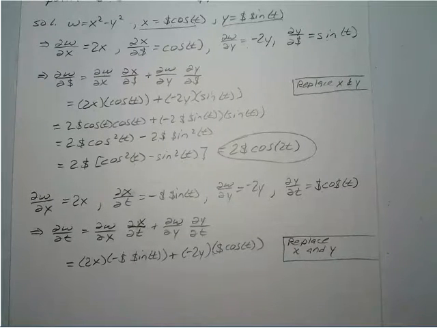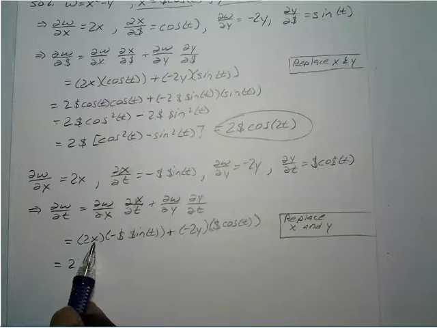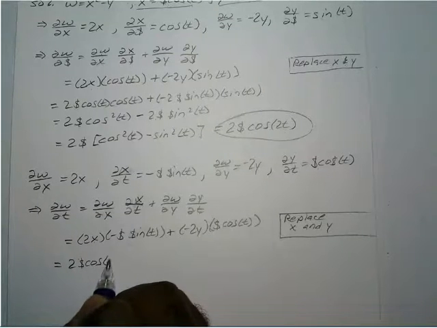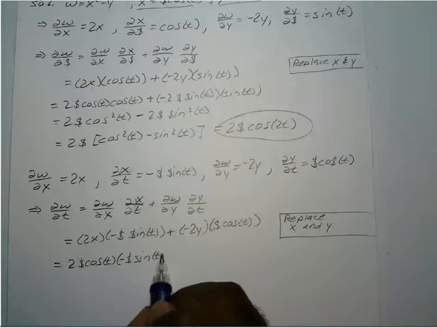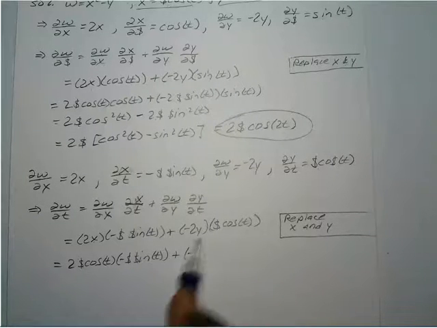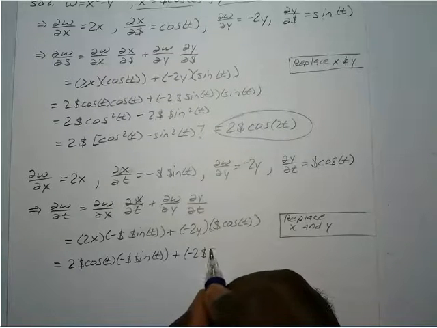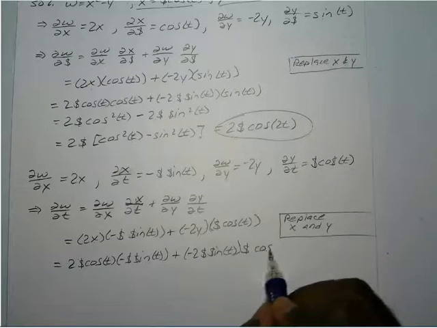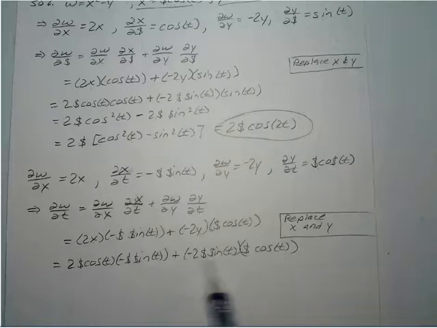Okay, so we know that we have 2 times x. Remember that your x is s cosine of t, times negative s sine of t, plus negative 2, our y is s sine of t. So that's s times sine of t times s cosine of t. Okay, so this is all multiplied here, and this term is all multiplied there.